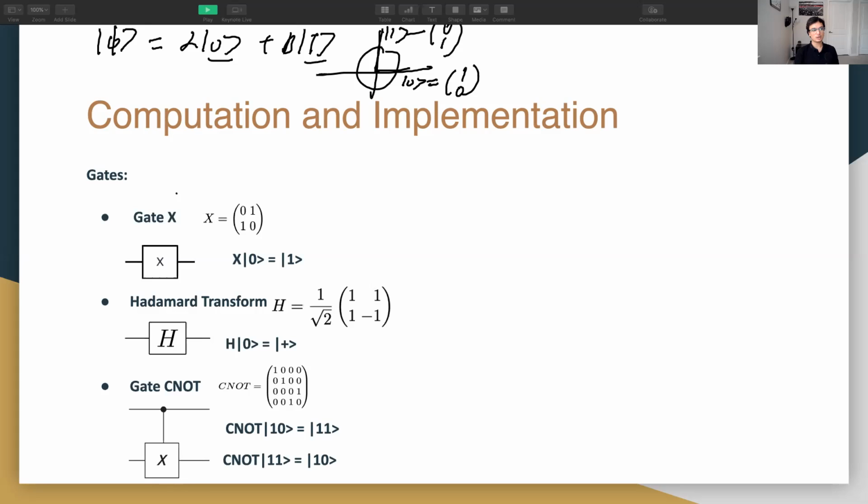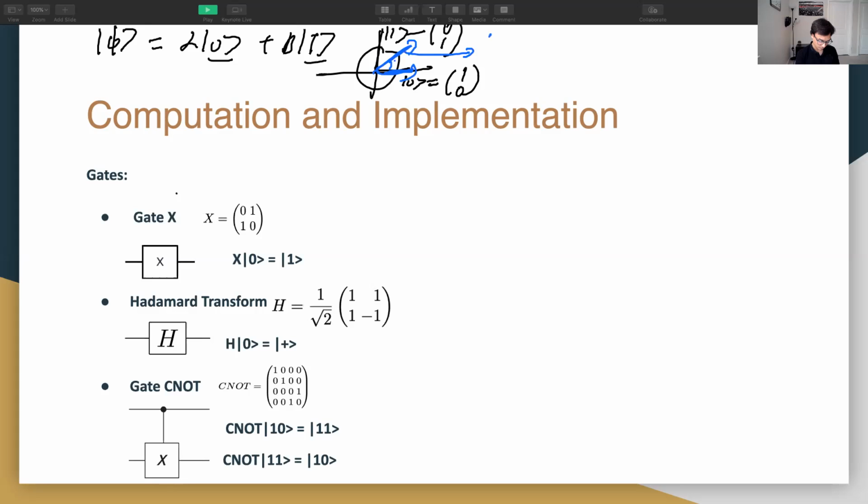The second one that we are going to discuss is the Hadamard transform. It's a very important transform. What it does is it transforms your state by the phase of pi by 4, or 45 degrees. So let's say my initial state was at 0. It will change it to pi by 4 till here.